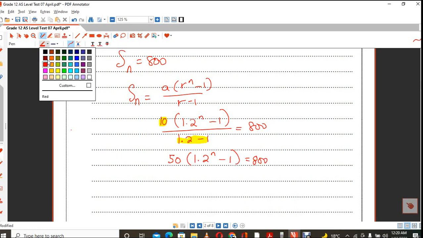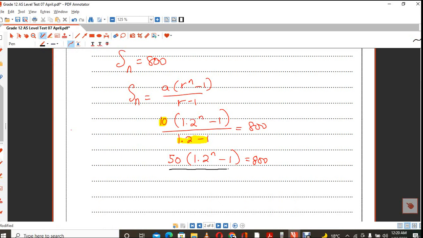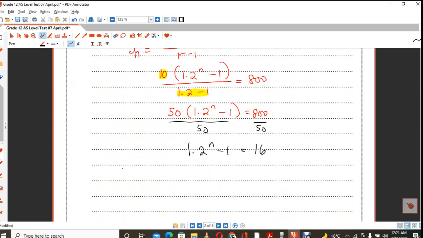From this point forward, you are dividing throughout by 50 in order to have 1.2 to the n minus 1 is equal to, when you divide that in there, 16. You can still go ahead and clean this up. So 1.2 to the n equals 16 plus 1, which is 1.2 to the n is equal to 17.